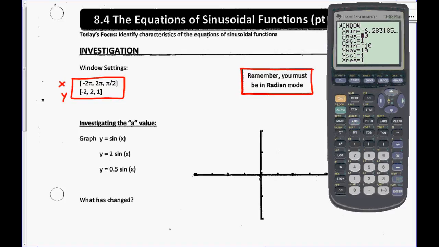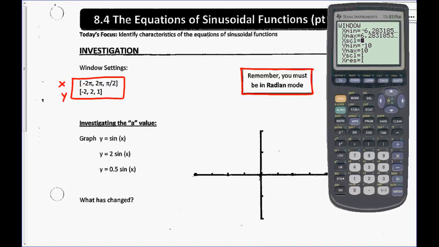And when you hit the down button, it will change that to -6.28, because if we know that pi is 3.14, then -2 times pi is going to be -6.28, right? Makes sense. Okay, then your X max is going to be 2 pi. And when you go down again, it will switch that to 6.28.